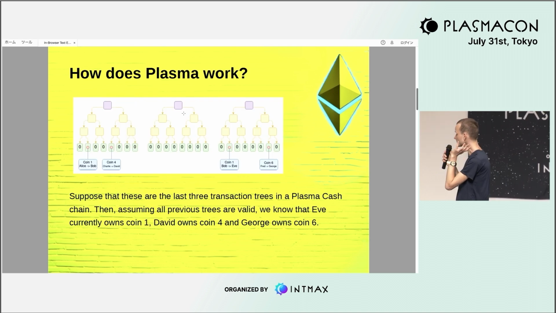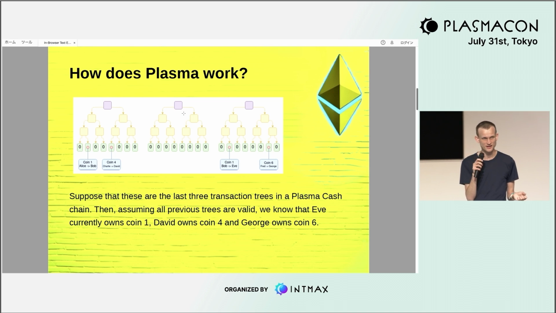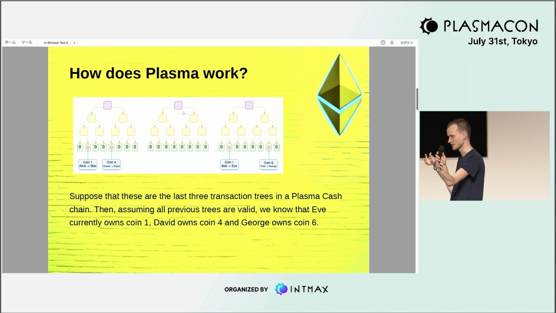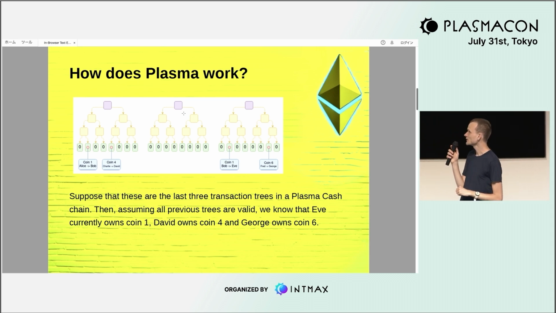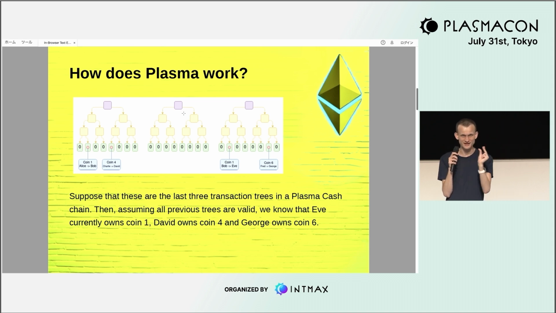So let's talk about how Plasma works, right? So the way that Plasma works is that every time there is a Plasma block, you create a Merkle tree. And you can think of the Merkle tree as being like dealing with individual coins, right? So basically think of every single object that's being traded inside of Plasma as being like a separate NFT.